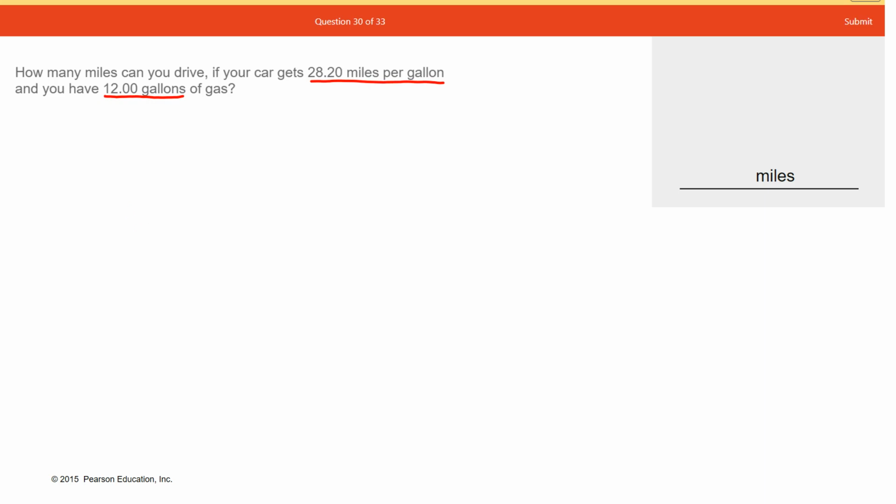Miles per gallon is a compound unit. So if it's a compound unit, we can use it as a conversion factor, whereas this is just a singular unit. So I'm going to start off here.